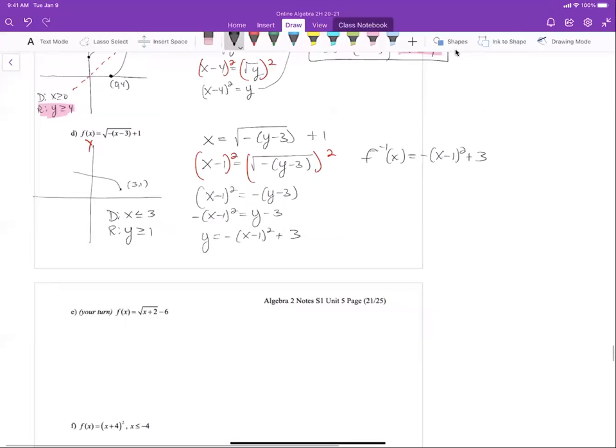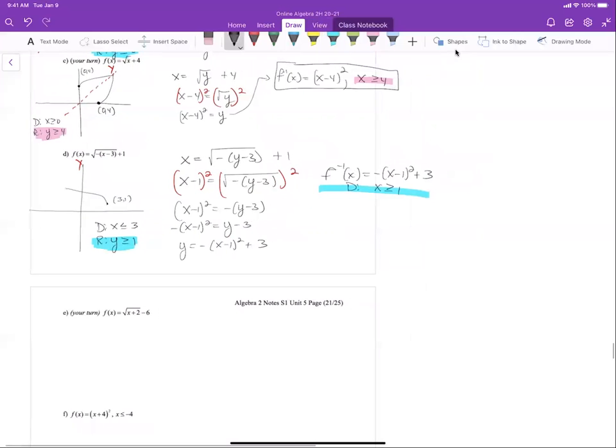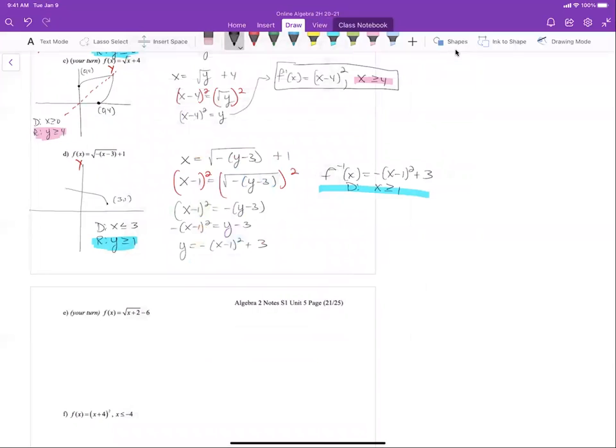That's the first step. The other thing they asked for was the domain, which is the range of the original function. And so the domain constraints are x has to be greater than or equal to 1. This is a parabola that's been shifted to the right 1, up 3, and reflected across the x-axis. Right 1, up 3, and reflected, and x is greater than 1.